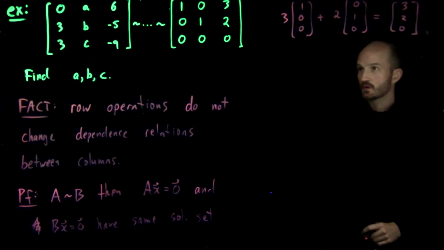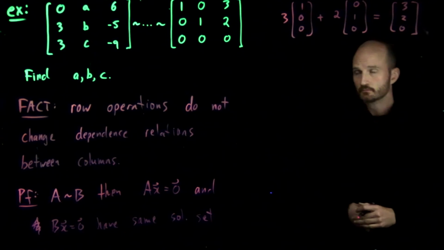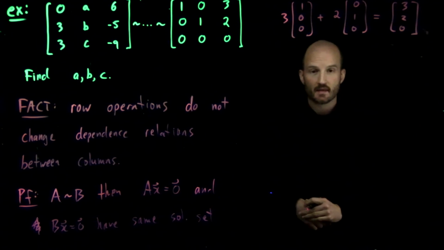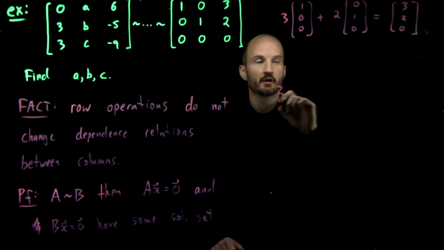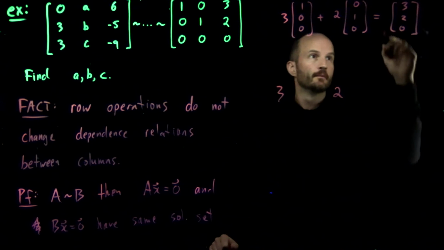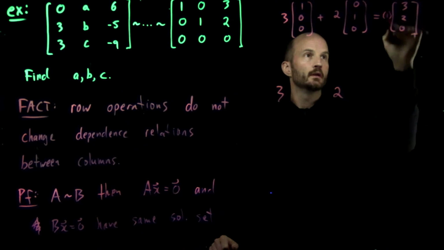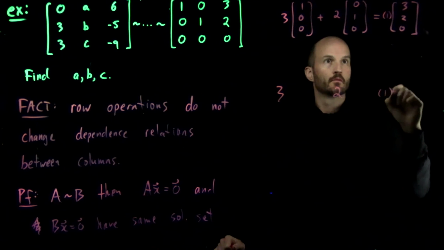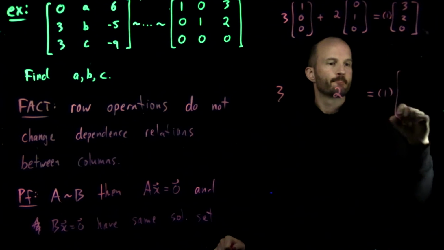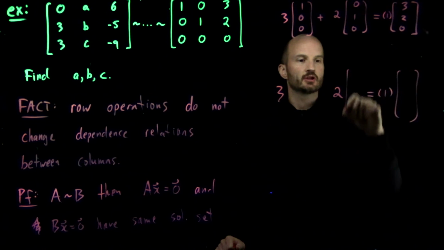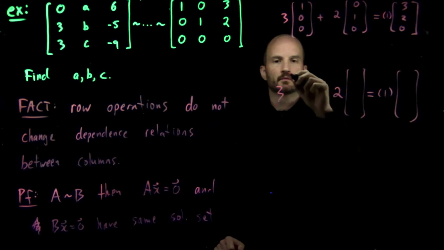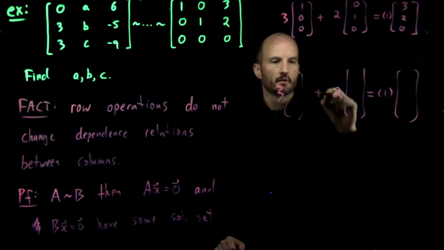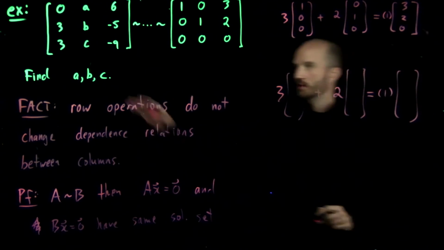So that's a relationship between the columns here. Now what my fact is saying is that the same relationship, 3, 2, and you can think of this as a 1 here, 3, 2, 1, is going to hold between the columns back here.